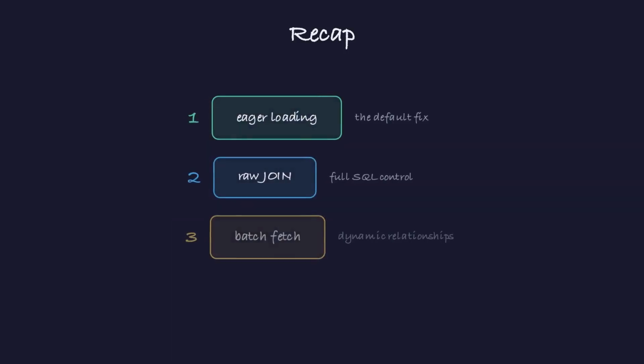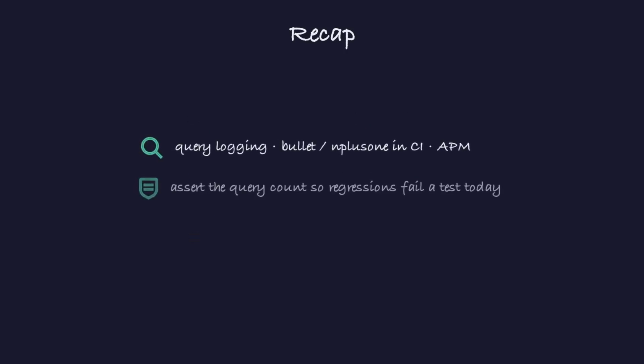The fixes in order of preference: eager loading first, a raw join when you need full control, and batch fetching for dynamic relationships. Detect it with query logging, the bullet or N+1 tools in CI, and APM in production. Lock in the query count with test assertions so regressions surface immediately.